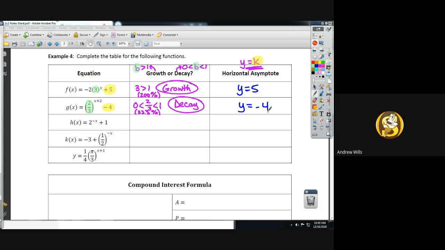All right. Everybody take a second, try h of x, identify the base, identify the k value, tell me whether it's growth or decay. All right, take a second, try that out.